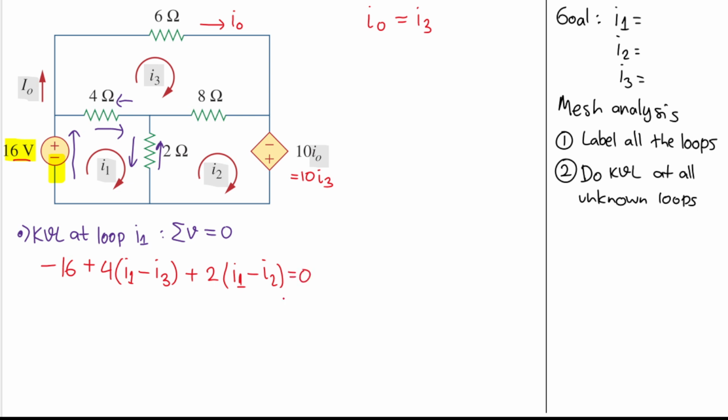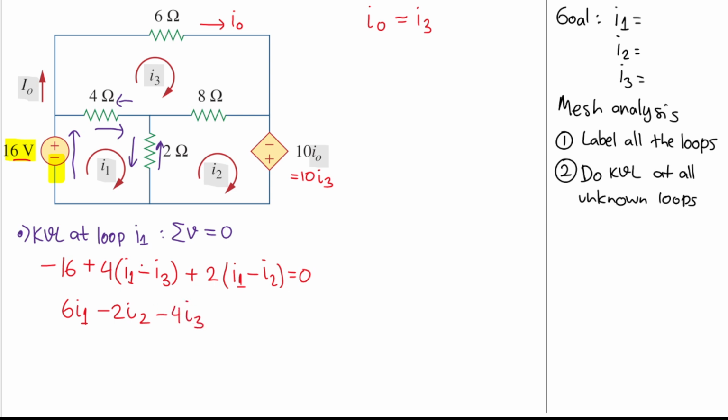Good. Now what can we do from here? We just add them up, right? For I1 plus 2I1, I will have 6I1 here. And then I2 only came from this term, but minus 1 multiplied by 2 is minus 2, so I'll have minus 2I2. And then this one will be minus 4I3, right?